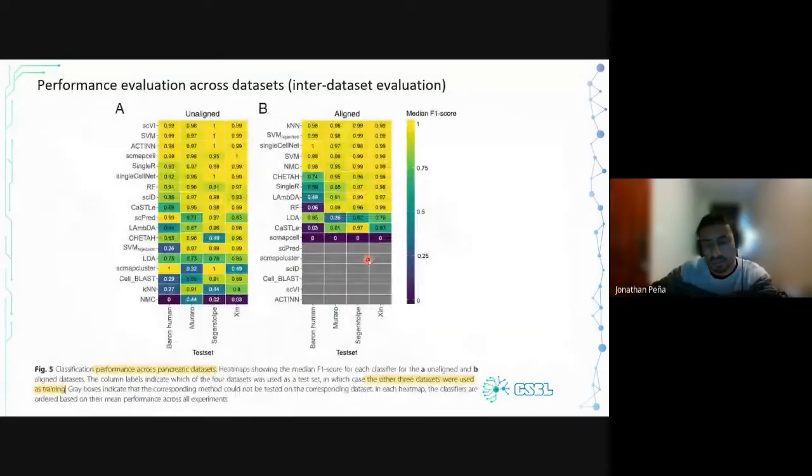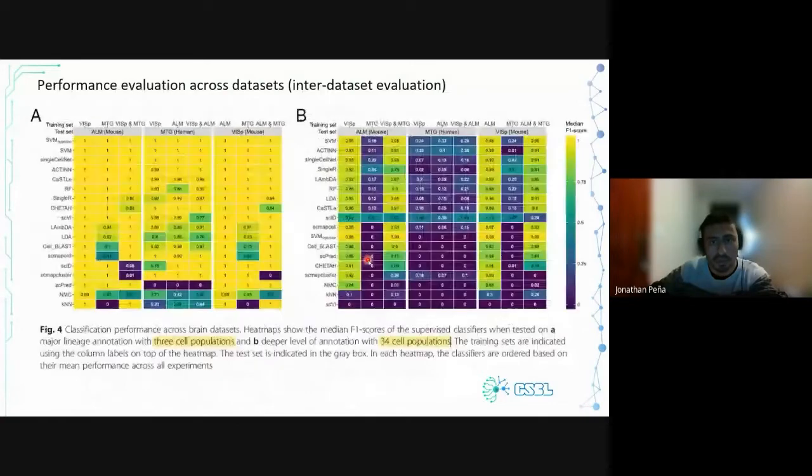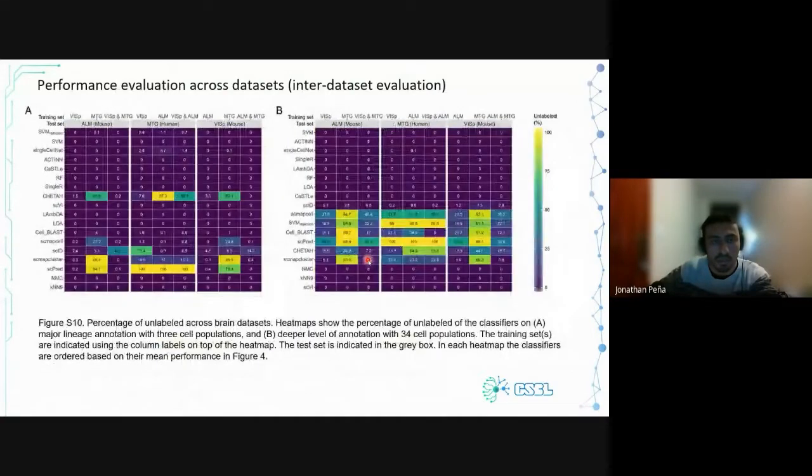Então, aqui é a mesma análise, só que eles estão mostrando a quantidade de células que não foram anotadas. Aqui a porcentagem é muito baixa. Para mim é um mau resultado, porque se você está comparando rato com humano, em teoria, teria que ter uma porcentagem de células não classificadas muito alta.